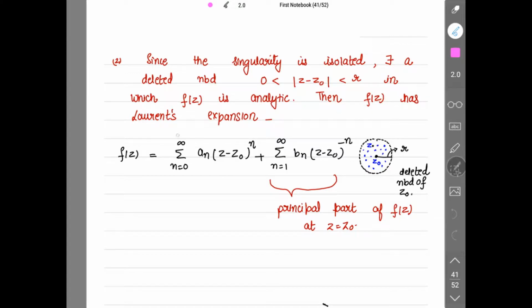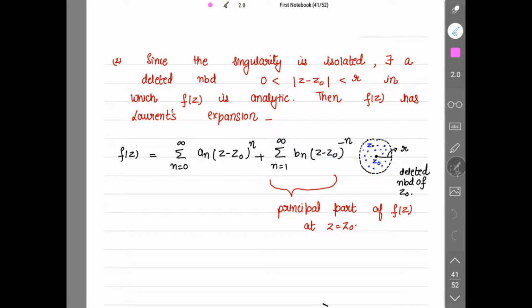Then f(z) has a Laurent expansion. f(z) is equal to the sum of a_n (z minus z0)^n plus the sum where n starts from 1 to infinity of b_n (z minus z0)^(minus n).